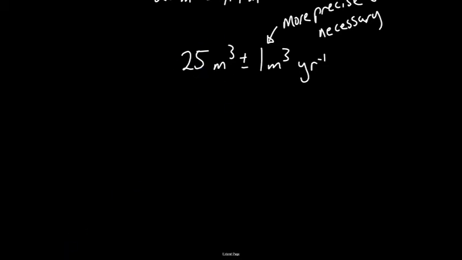All right, so water costs $1.82 per meter cubed. Okay, $1.82 per meter cubed.